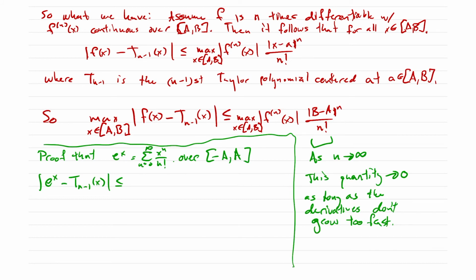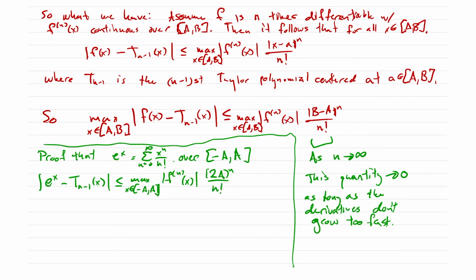But basically, for a Taylor series centered at 0, or the Maclaurin series here, we get this. So we're going to have the maximum for x in [minus a, a] of the nth derivative of f at x, times a minus minus a, which is 2a, to the nth power divided by n factorial.